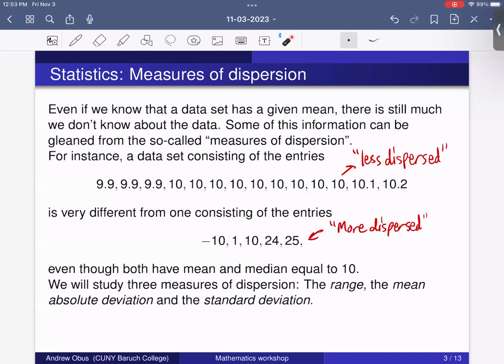There are several more that we're not going to talk about, and there will be a fourth that we'll mention a little later. The main ones are the range, the mean absolute deviation, and the standard deviation, which is the most important one and the most widely used.